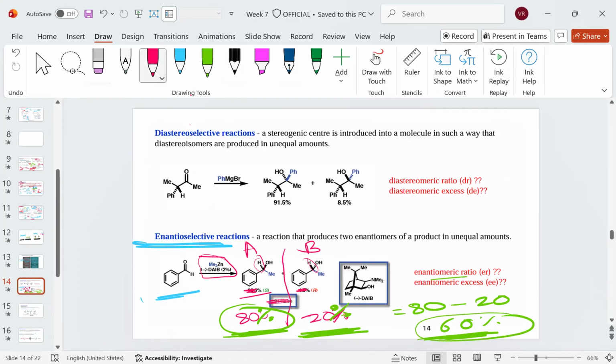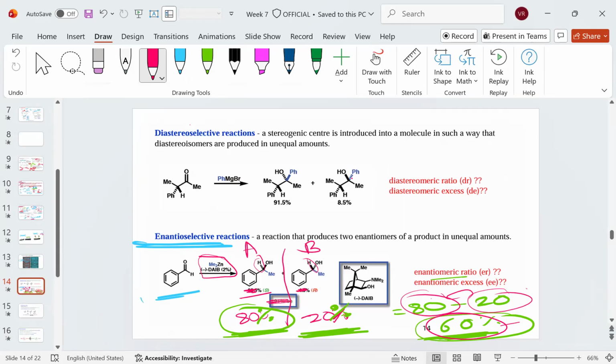Because this 20%, the unwanted B product formed, cancels out the optical rotation of 20% in this measure. So basically only 60% is the enantiomeric excess, and the remaining 40% of this product formed is the racemic mixture.